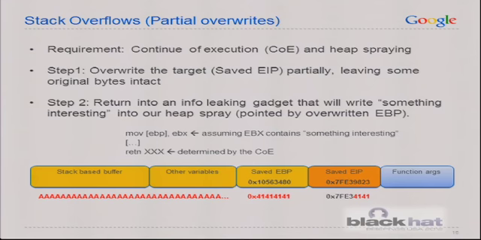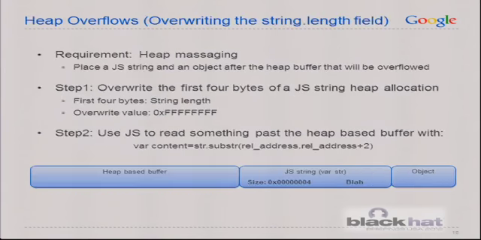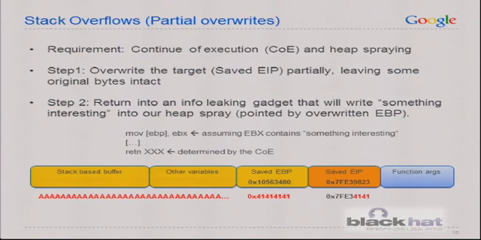Returning into a page of the binary into a ROP gadget for info leaking. This is what is called partial overwrite. I'm not claiming that I invented this. This was used a long time ago for the ANI vulnerability on IE, and this is not news now. I will take questions later in the Q&A.